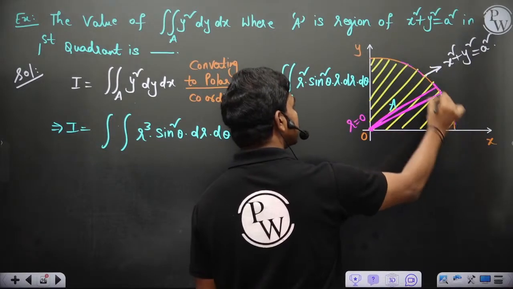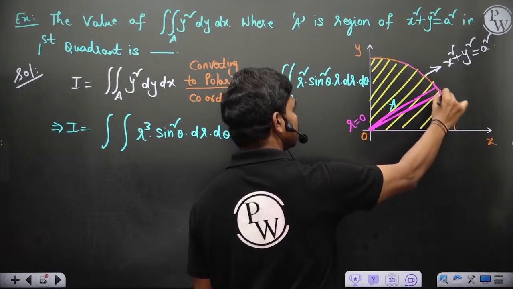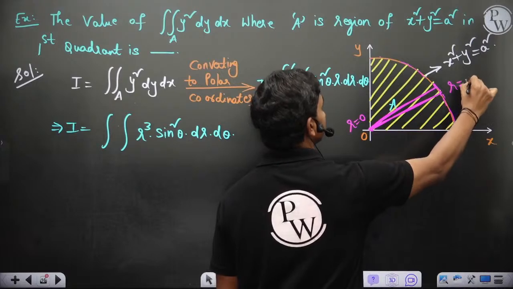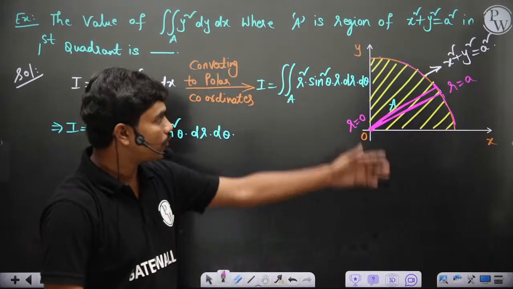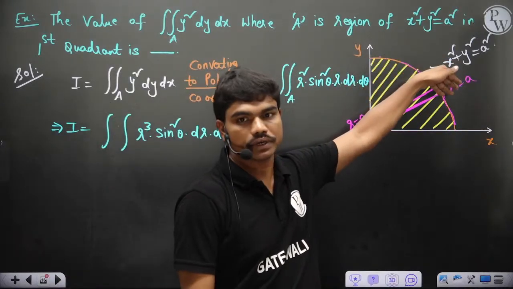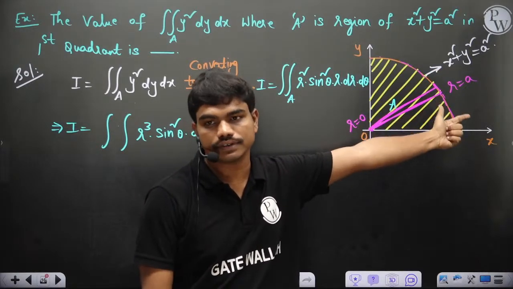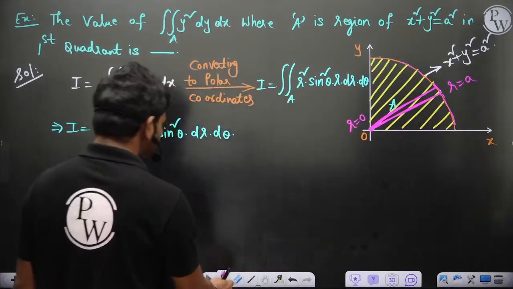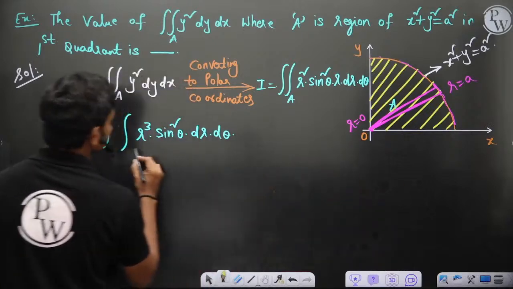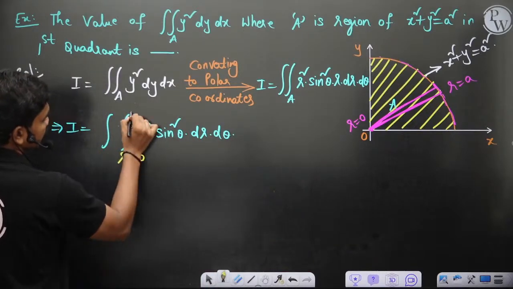In polar coordinates, every point on this curve is given by r equal to a. The polar form of this equation is nothing but r equal to a. If you square both sides, r square equal to a square, so x square plus y square equal to a square. So the radius changes from r equal to 0 to r equal to a.